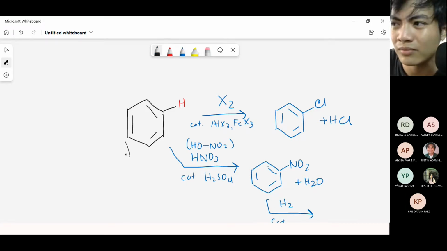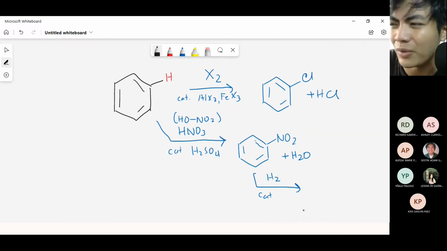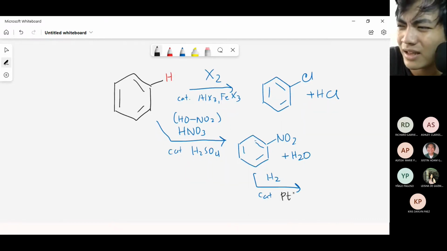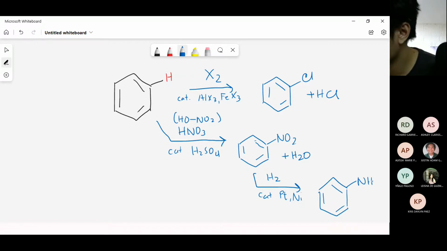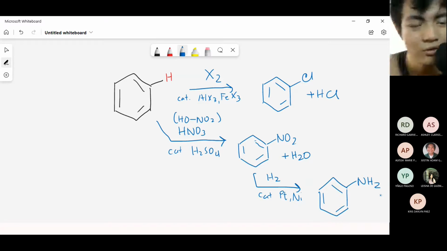Kunwari, platinum. Kailangan mo ng platinum. O kaya nickel. Okay? So, yan. Aminobenzene na siya or toluene na siya.